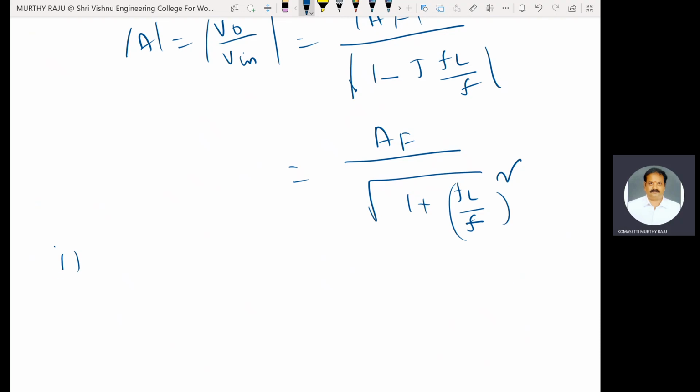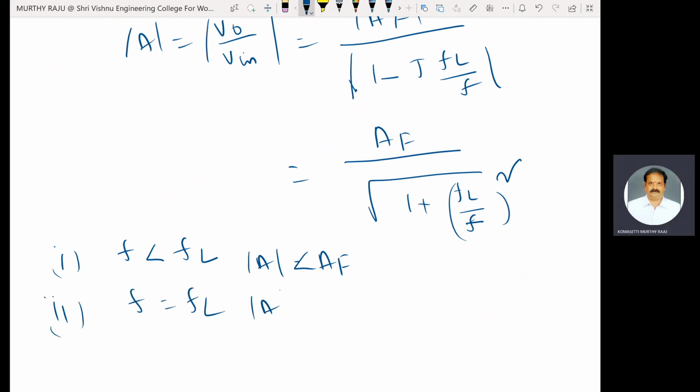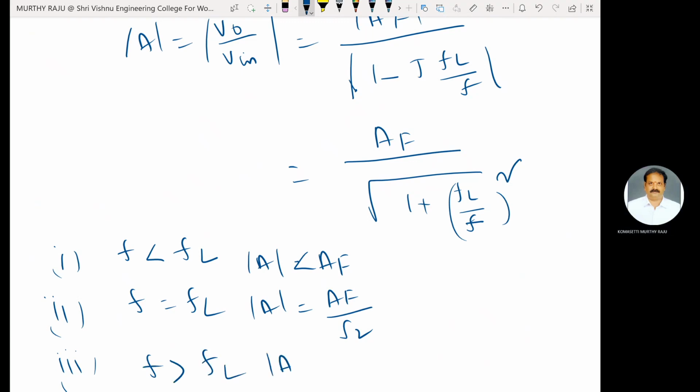First, F is less than FL, therefore mod A is less than AF. Second, F is equal to FL, mod A is equal to AF by root 2. Third, F is greater than FL, mod A is approximately equal to AF.